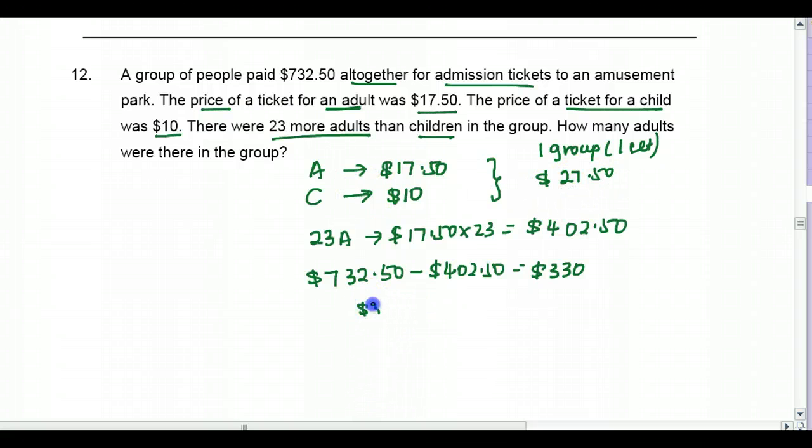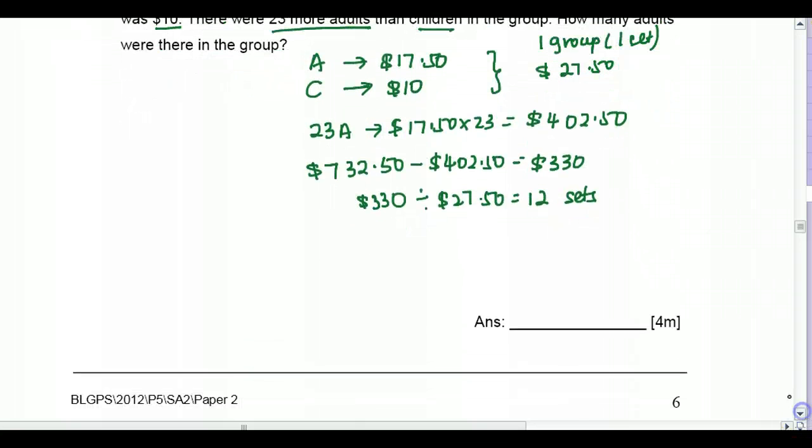So I take $330 divided by $27.50, which will give me 12 sets. Okay, so 12 sets is 12 adults and 12 child tickets.